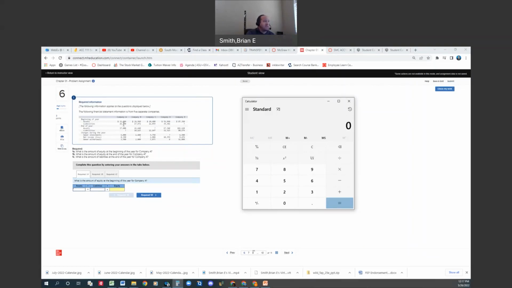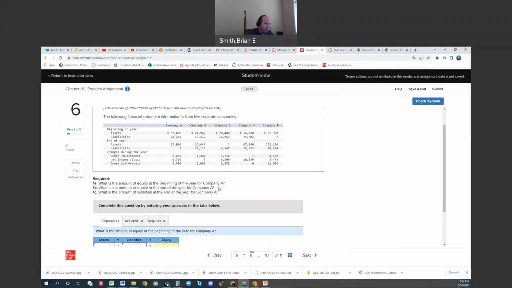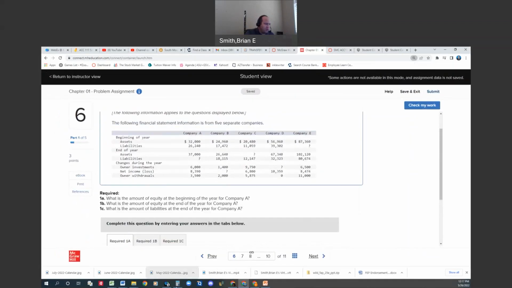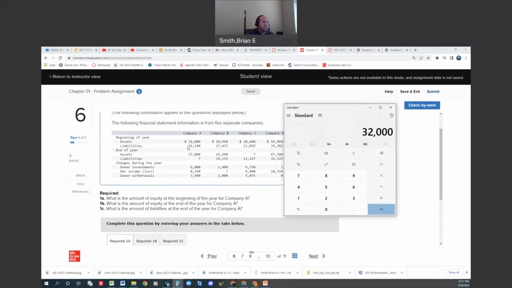Remember, assets equal liabilities plus equity. So what we want to do is take our assets in this case, and if you know it algebraically, you're going to subtract out liabilities in this company A. Let me zoom in so you can see it better. 32,000 is our assets and 26,240 are our liabilities.